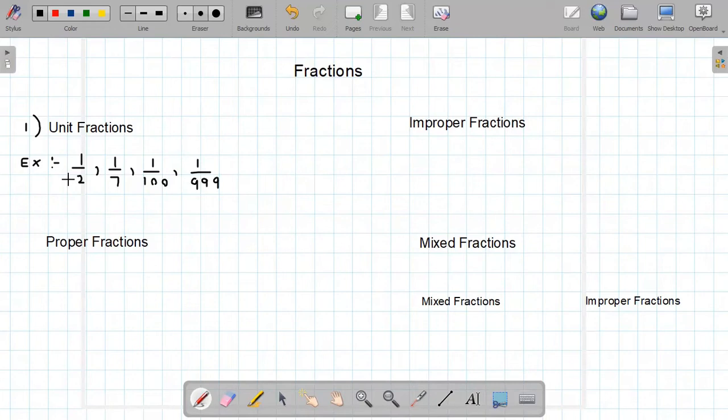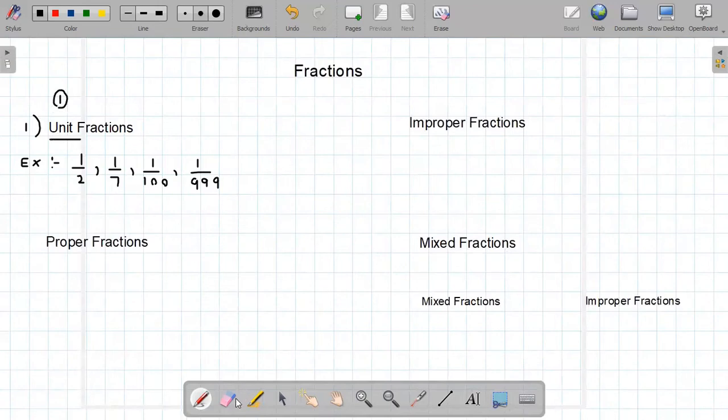Here, as you can see, in the numerator, all the numerators are written as 1, right? So the unit means number 1, right?